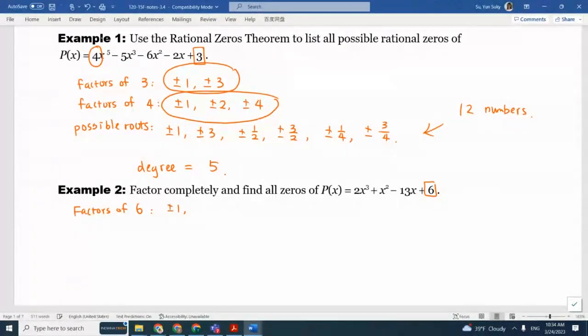Plus or minus 1, and plus or minus 6. Good. And then we look at the factors of the leading coefficient. What's the leading coefficient? 2. What are the factors of 2? Good. Possible roots.